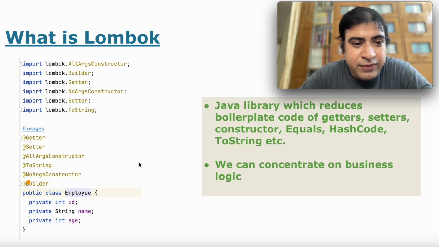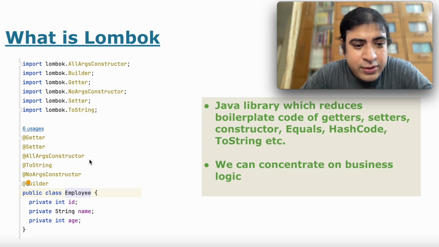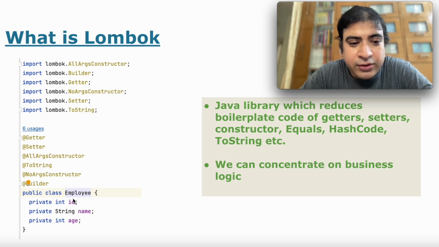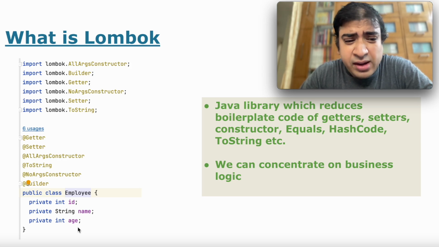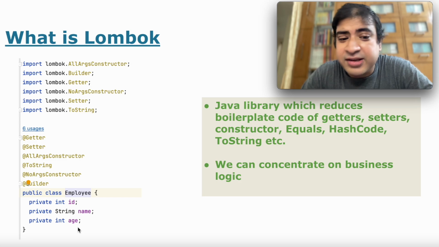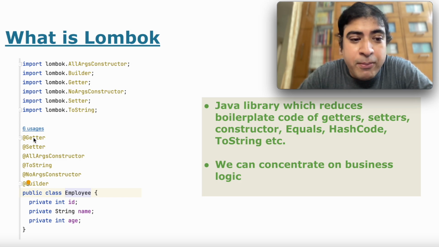On the left hand side, you can see that we are using Lombok to define the employee class with three attributes: ID, name and age, but we are not writing a single line of getter, setter, constructor, or even toString or equals and hashCode. Everything is generated by the Lombok annotations.